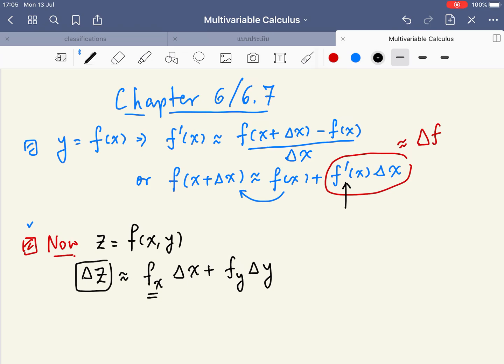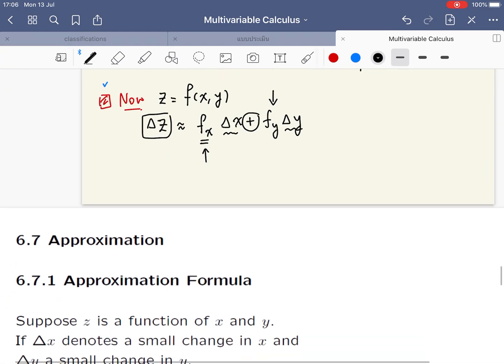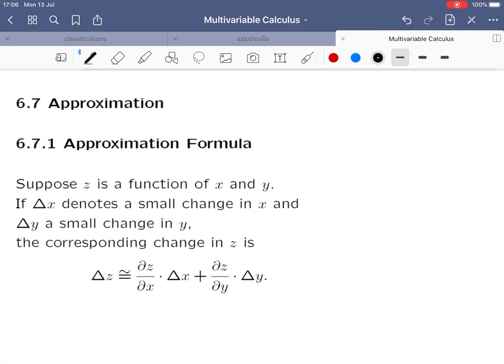But previously we had only one variable, and this one you have two variables, so you have one contribution along the x direction multiplied with Δx, a small change in x, and another contribution along the y direction together with Δy, and you combine these two contributions together.